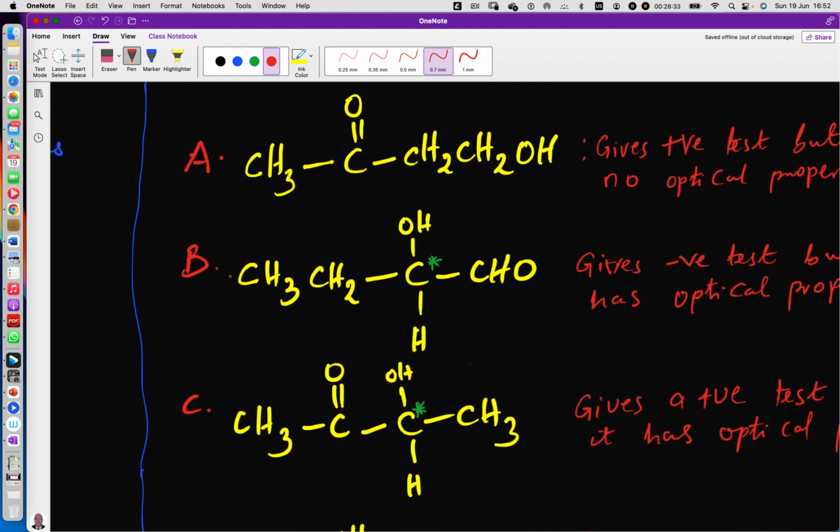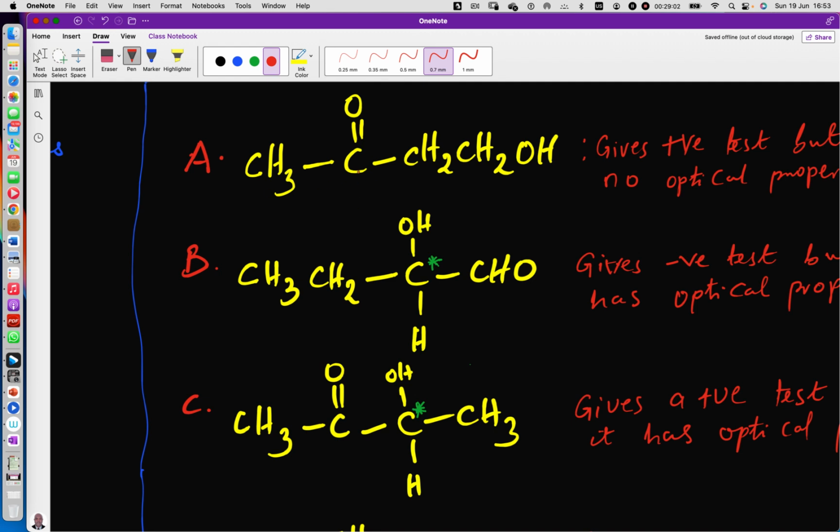Now, for a compound to have a positive iodoform test, it must have a methyl group attached to a carbon atom that has the functional group.